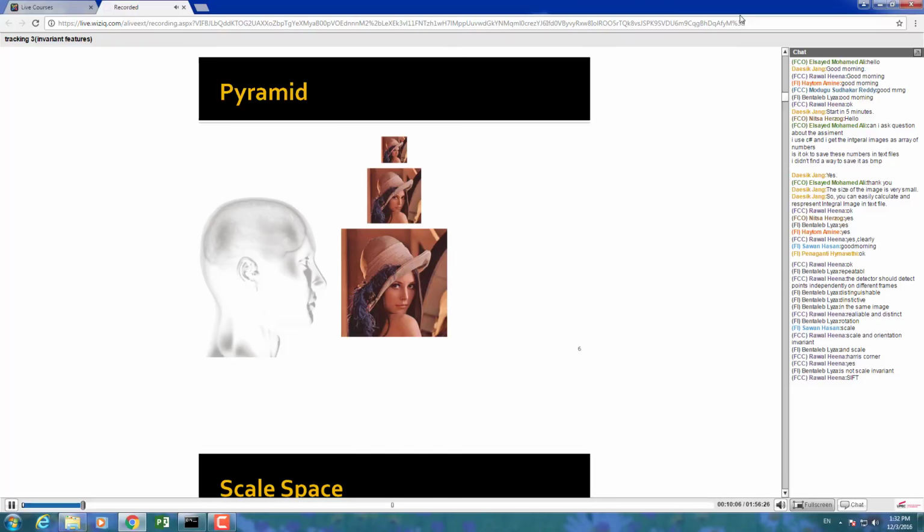The main advantage of pyramid is that we are using different resolutions of images. As you can see in this picture, we have the original image, a smaller image, and a smaller image. By considering different resolutions of images, we can extract more stable information. That is the concept of pyramid.